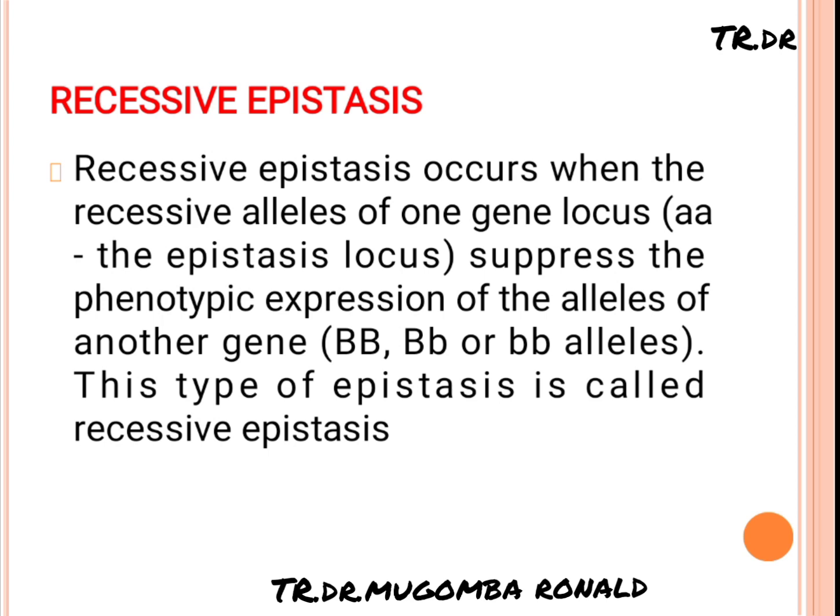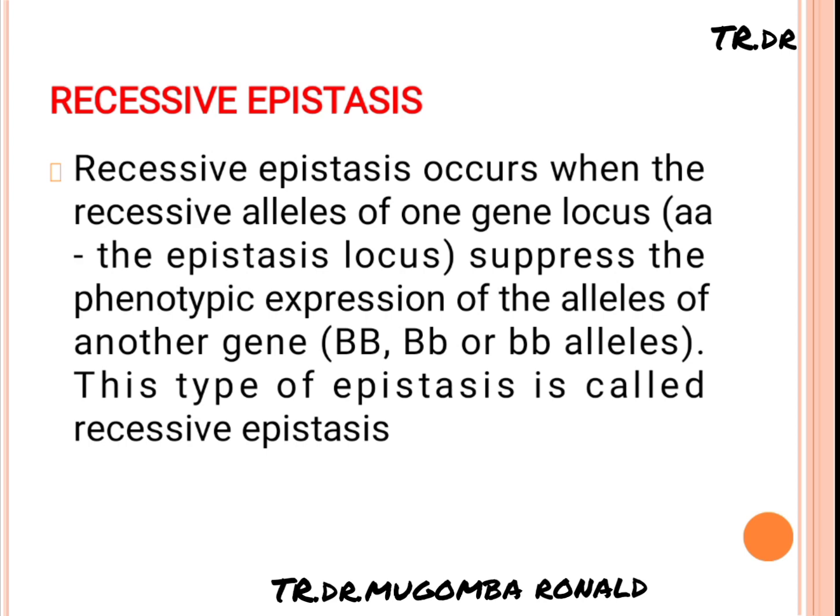Whether the gene, let's say gene B, is capital B, it cannot be expressed the moment we have small a somewhere. That is recessive epistasis. The previous one we saw was dominant epistasis, where for so long as you have a capital B at the epistatic locus, even if it is one, it is enough to suppress the expression of the hypostatic gene.